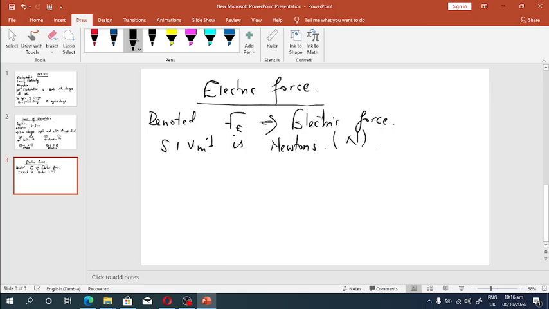So there is a scientist that established a relationship between two charges that are separated by a particular distance in relation to the electric force. And so in his research, he came up with what is known as Coulomb's law.